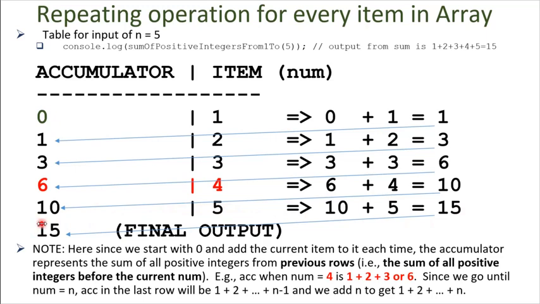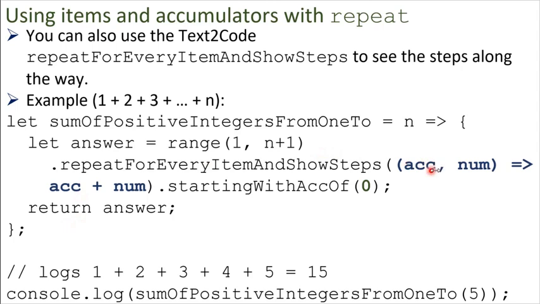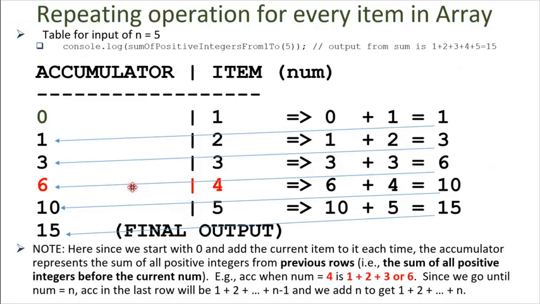So to actually think about why we set up the table this way, why we set up the function, how we knew to just do ACC plus num here and not do something like ACC plus num plus 1 or something like that, is we basically have set up the table so that we want the accumulator to represent the sum of all of the items that have come before.